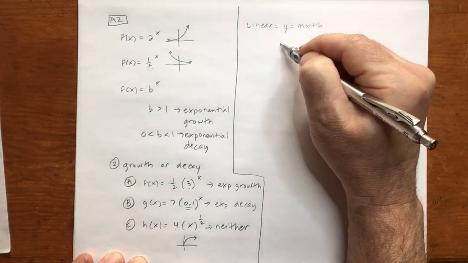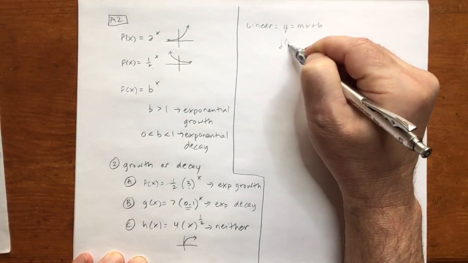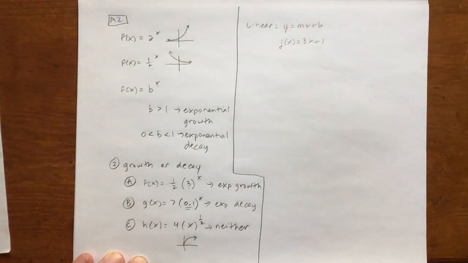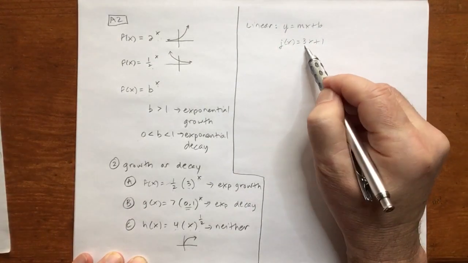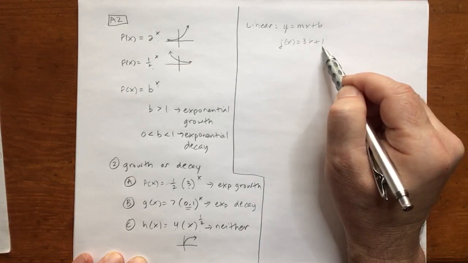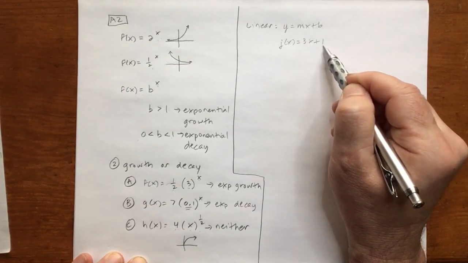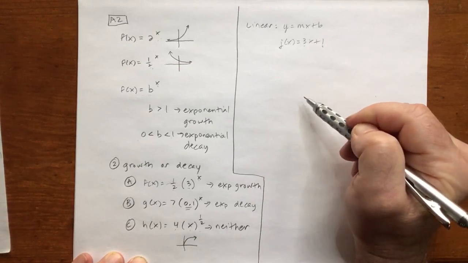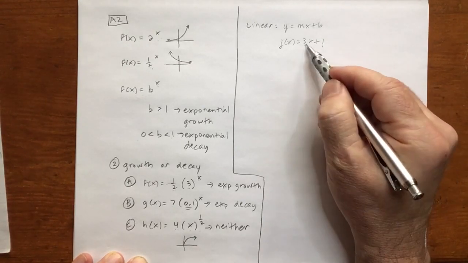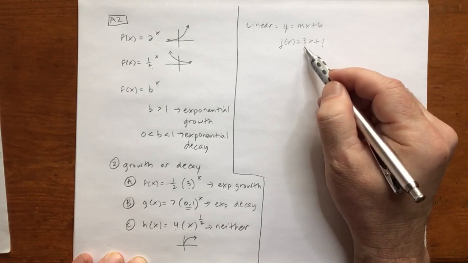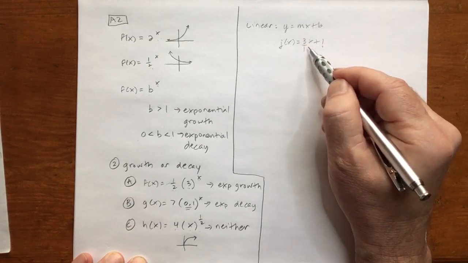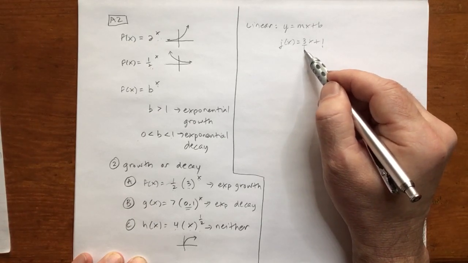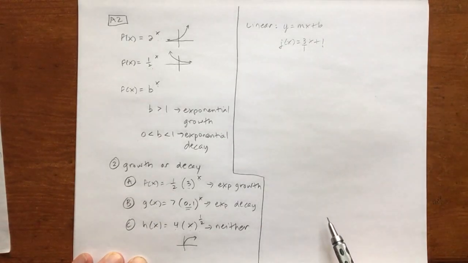So if I have j of x equals 3x plus 1, there's my slope, and there's my y-intercept. So remember, y-intercept is always our starting amount. Your slope is always some sort of rate. And so our rate of growth is 3 over 1. And rise over run, every time we go 1 to the right, we go 3 up.